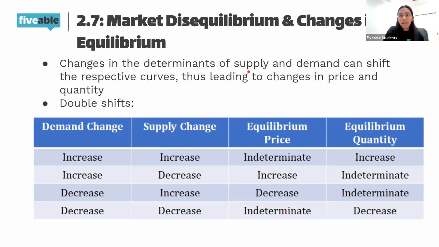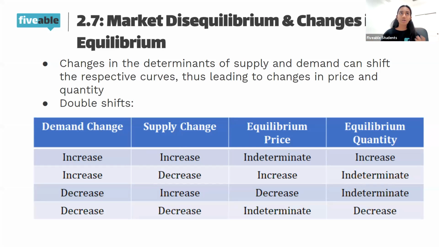For supply, that's things like taxes, subsidies, the amount of suppliers in the market, expectations of future price, stuff like that. And for demand, it's how many consumers are in the market, the tastes and preferences of the consumers changing, again future expectations of price, the prices of substitute and complementary goods. So those are examples of determinants of the supply and demand curve.